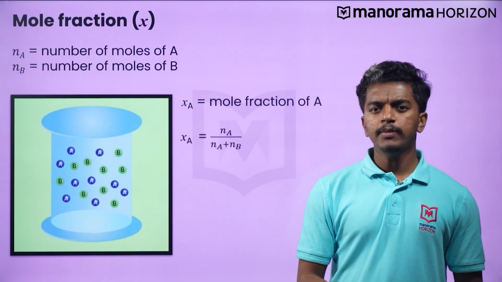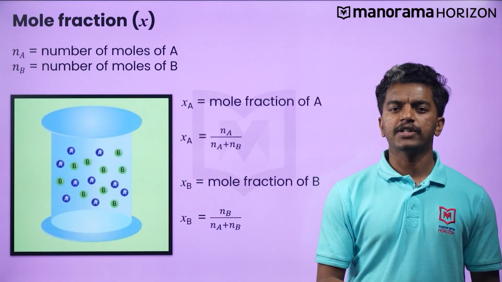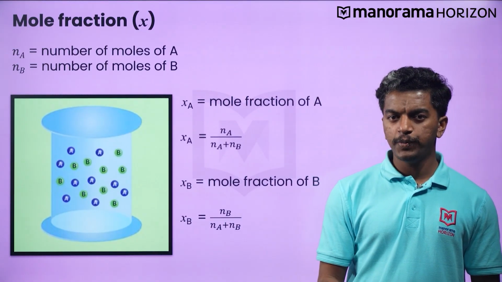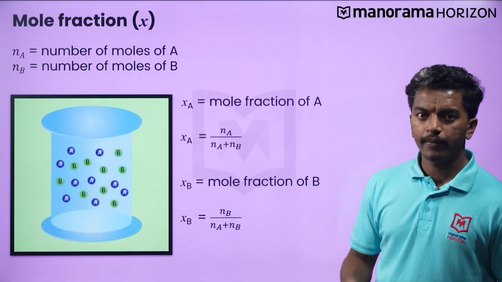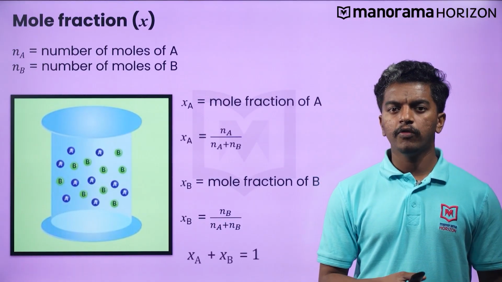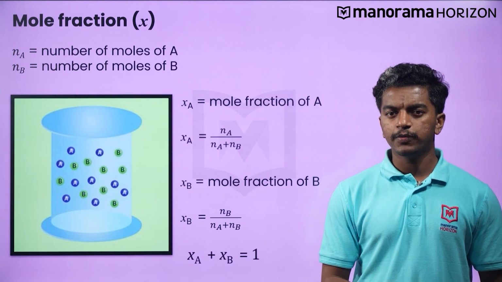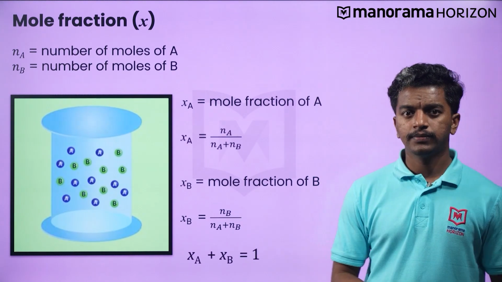Similarly, you may write the mole fraction of B as Xb equal to Nb divided by Na plus Nb. Note the total mole fraction Xa plus Xb equal to 1.